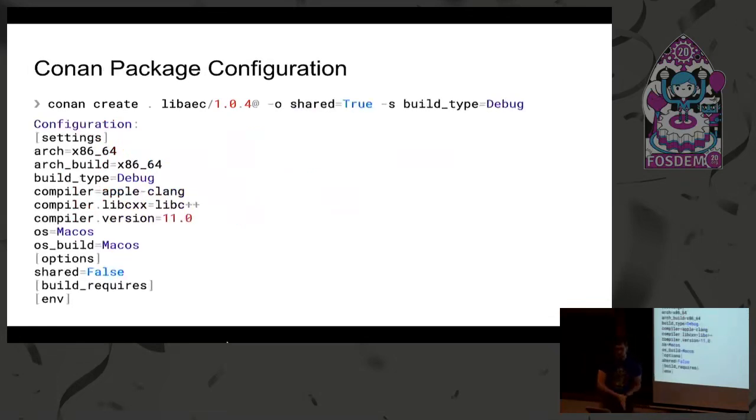But like I was saying, we can go change some stuff. We talked about those architecture specific things, but we also say build type. We want to build this in debug mode now too, or we want to build it with shared or static libraries. These are all options that can be applied on here. The recipes know how to use these options and then build you exactly what you're looking for. And so when we do that, these are the settings that came out of it.